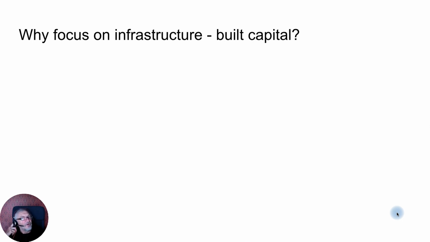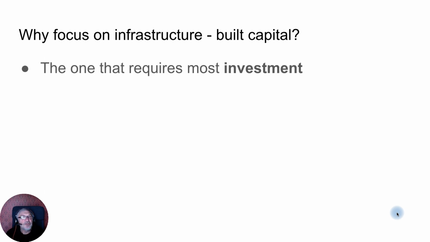Now, why do we focus on infrastructure, built capital? So I think we should do, in this discussion of system dynamics, relationship to nature and the firm. Well, the first reason is that infrastructure is the one that requires the most investment.